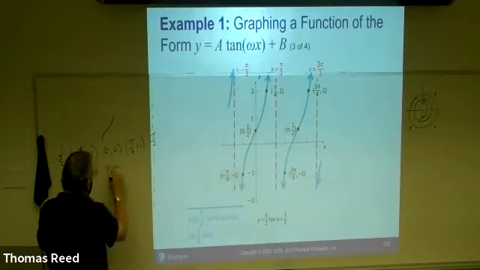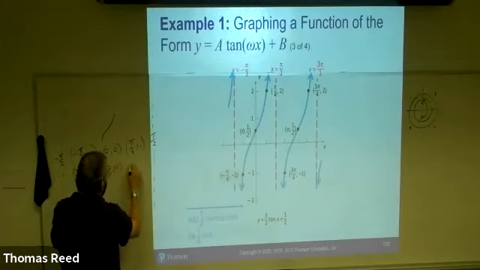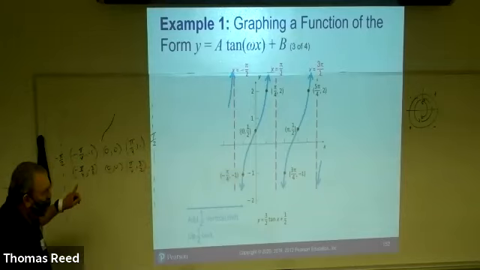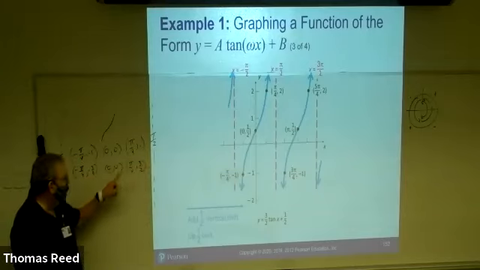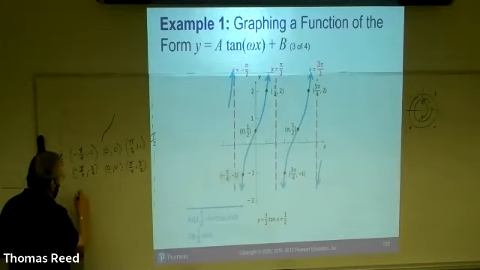This stayed 0, 0. And this became pi over 4, 3/2. And then adding 1/2 to each of the y values.